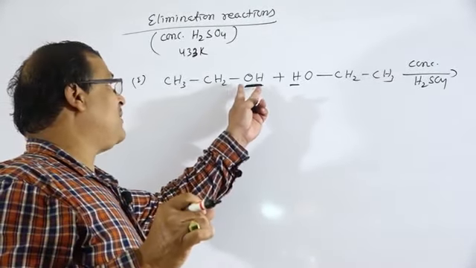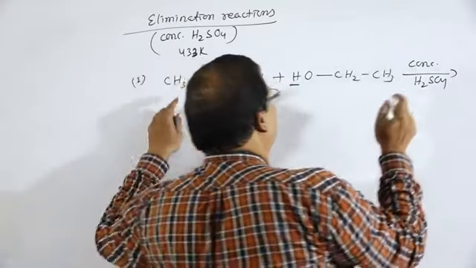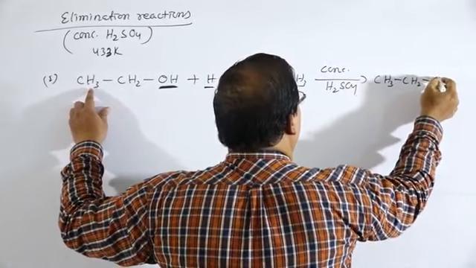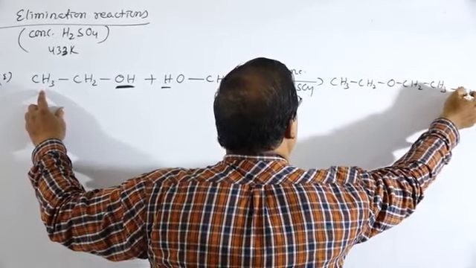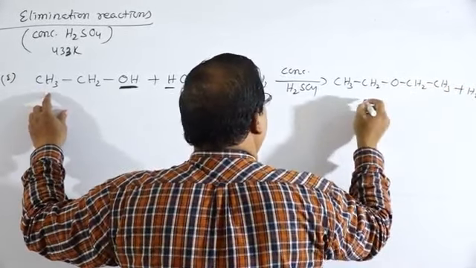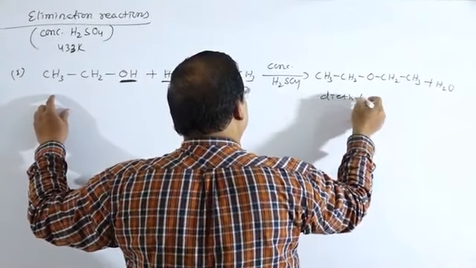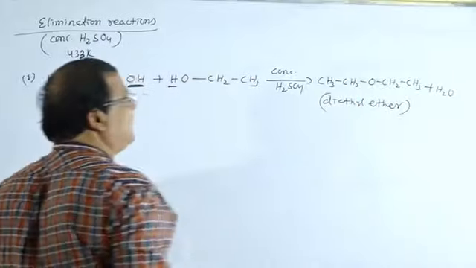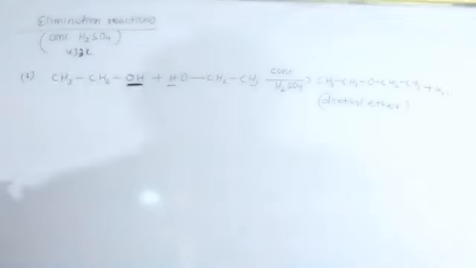So the OH part and the H part combine to form water. So there is the formation of CH3CH2OCH2CH3 plus water. That is ether, diethyl ether.